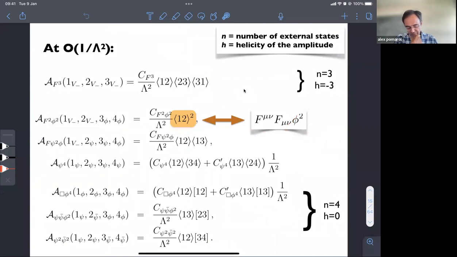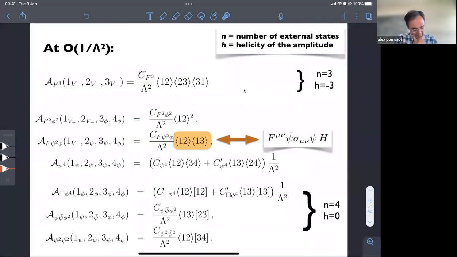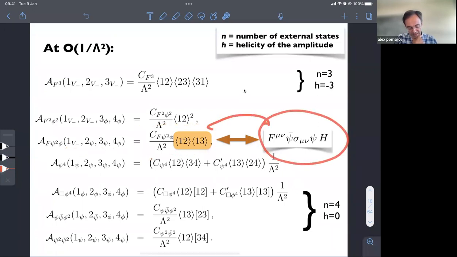In the case of the standard model, this can be the U1, the SU2, or the SU3, and this is the Higgs. I have to make it invariant under the global symmetries, of course. And for example, this one, with the minus vector, minus two fermions and a scalar, can be generated from an operator.